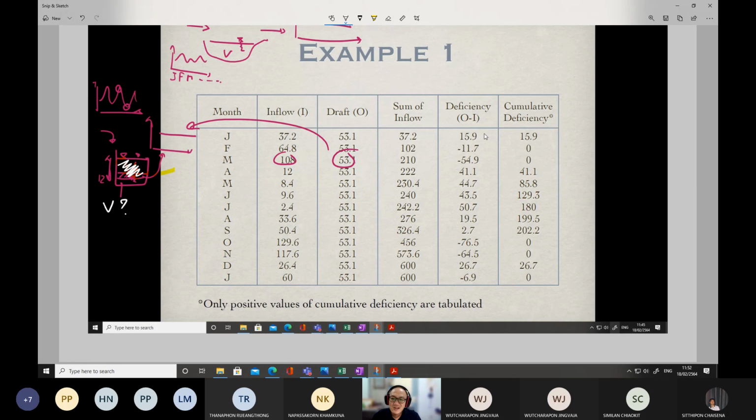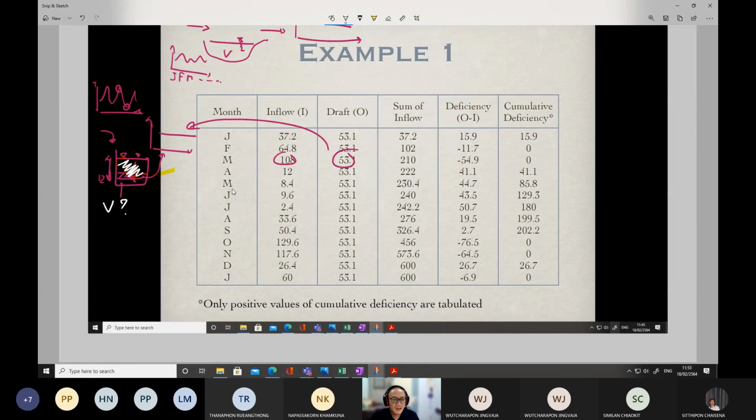Next, we will only focus on the deficiency. The months in which we will experience water shortage: like January, we need an extra 15.9. And in April, we need an extra of at least 41.1.